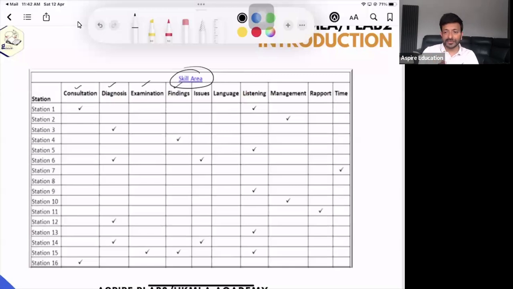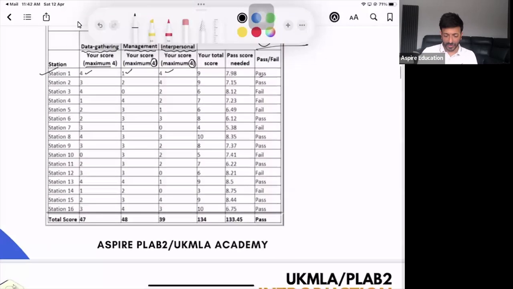If there are findings given to you in the history, in the examination, in the investigation, are you able to interpret them accordingly? Patient has got issues, are you able to manage the issues properly or not? So they are marking us on these criteria: language, listening, management, rapport, and time. So they're marking us on these 10 skill areas. Okay. So this is how it's going to work.